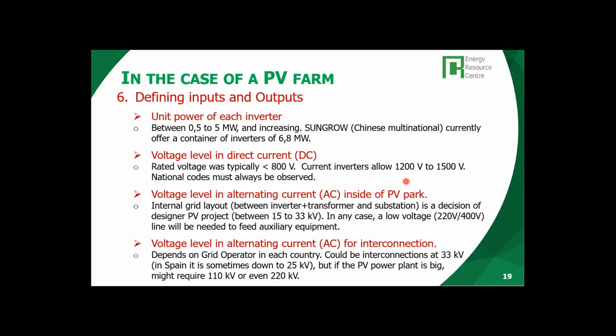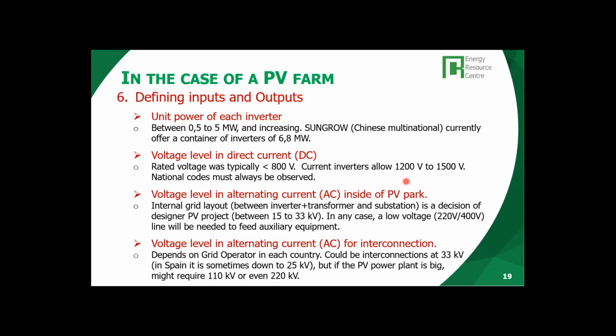And finally, another AC voltage level we need to define would be the interconnection level. That will depend on the grid operator in each country, in this case for EDM. It could be a requirement to interconnect the PV farm at a 33 kilovolt line.